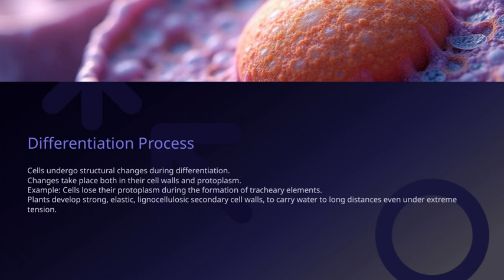These thickened walls are essential because they allow the plant to carry water over long distances, even under extreme tension. This whole differentiation process is crucial because it enables cells to specialize and perform specific functions, which ultimately supports the plant's overall growth and survival. So, understanding these structural changes helps us see how plants adapt and optimize their water transport system.